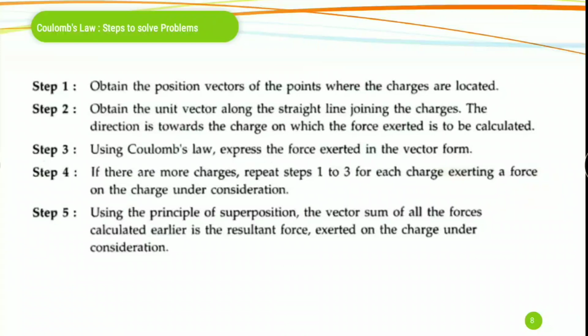Now, according to the principle of superposition, the vector sum of all the forces gives the resultant force value. So these are the steps we have to take to solve the problems by using Coulomb's law.